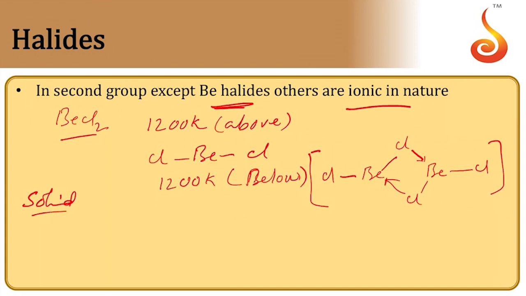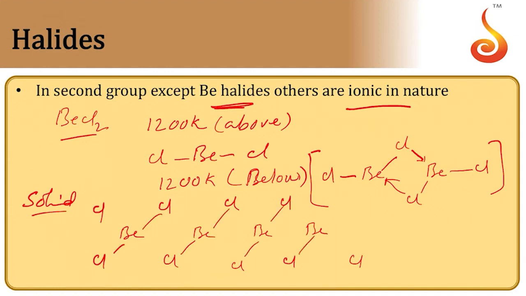If you take the molecule in solid phase, there is going to be a polymeric structure. So beryllium, it is a polymer. A few atoms you take here, Cl, Cl, and so on and so forth.